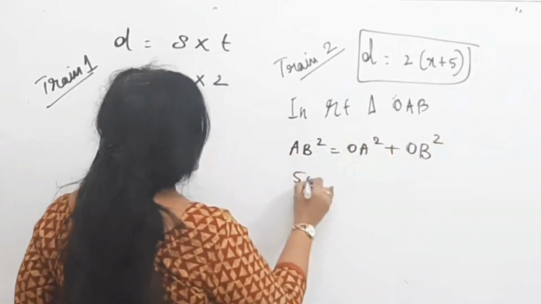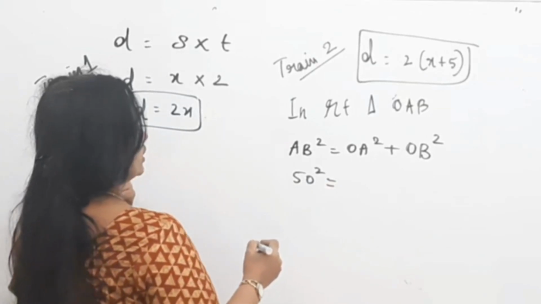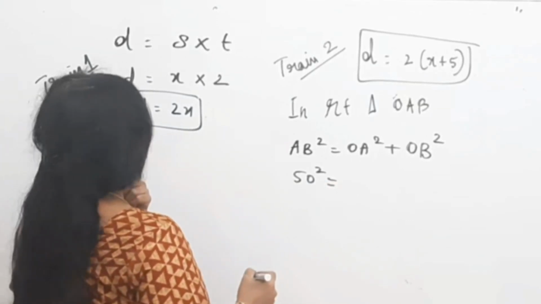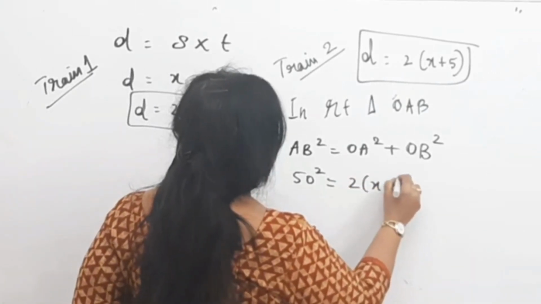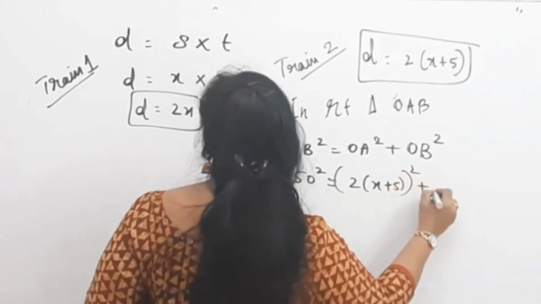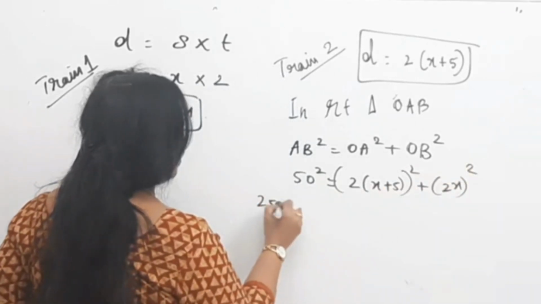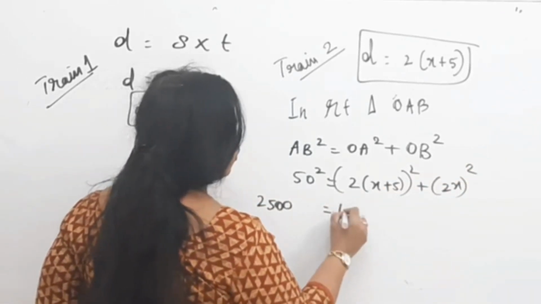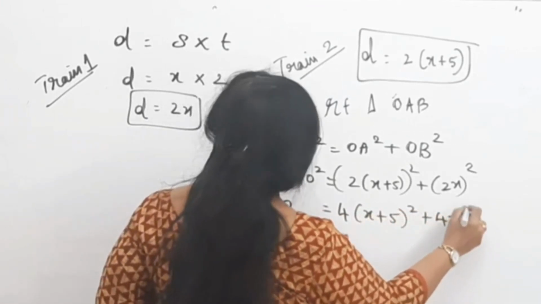So AB square is given as 50 square, and OA is towards west, so that is 2 into x plus 5, the whole square, plus OB square, which is 2x the whole square, which is equal to 2500, which is equal to 4 into x plus 5 the whole square plus 4x square.